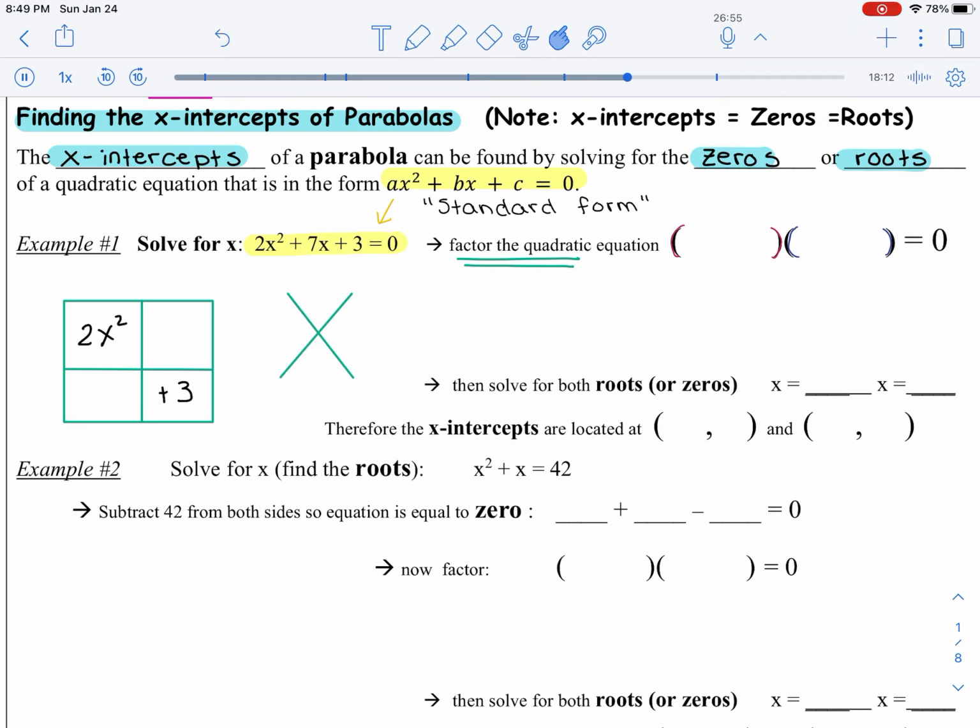I know that in my diamond problem, the top comes from the product of my 2x squared times 3, which is 6x squared. And then the bottom half of my diamond problem comes from the middle term in my quadratic equation, which for us today is 7x.